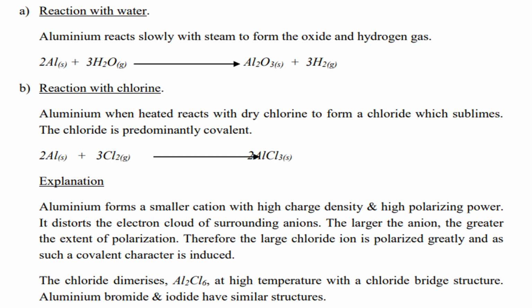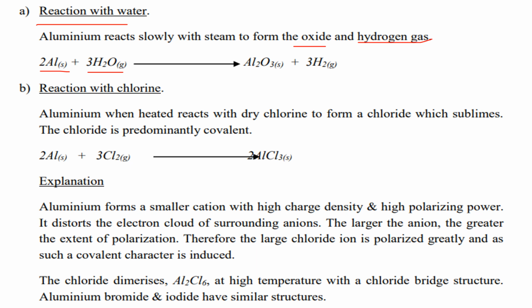Now let's look at some of the reactions of aluminium. We are saying that aluminium reacts slowly with steam to form an oxide and hydrogen gas. And we are saying that 2 moles of aluminium in its solid state react with 3 moles of water in gaseous state.